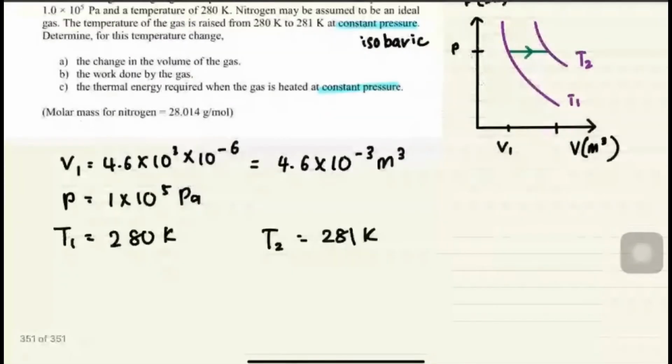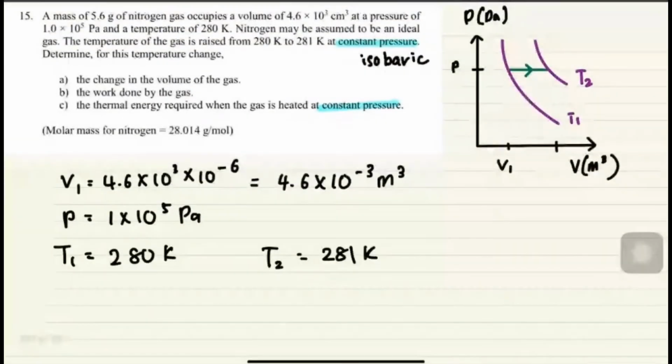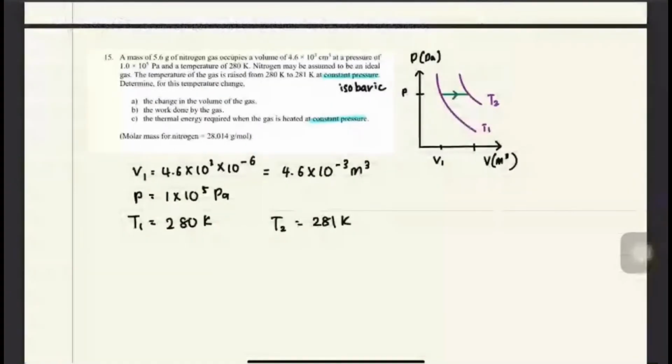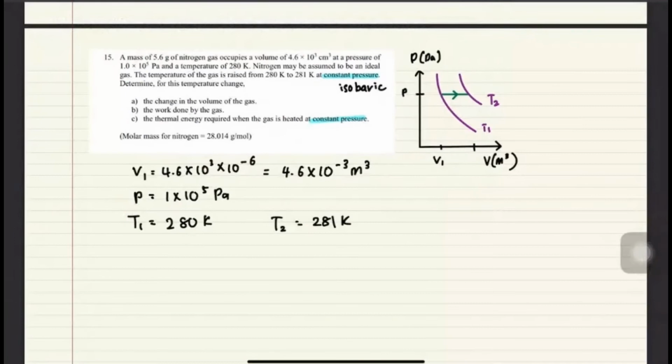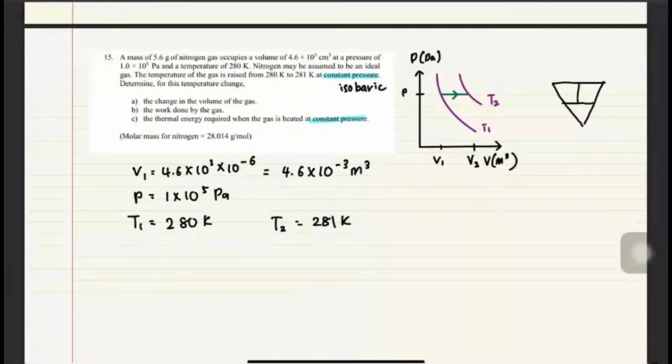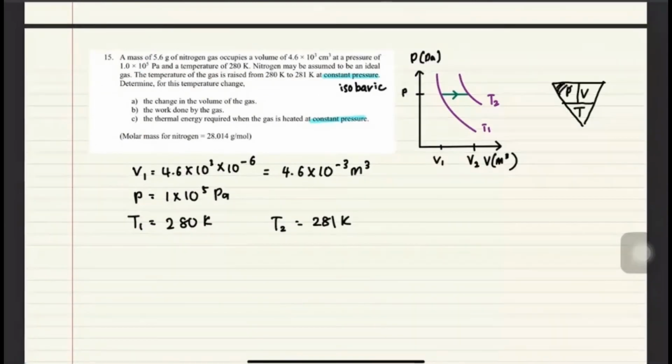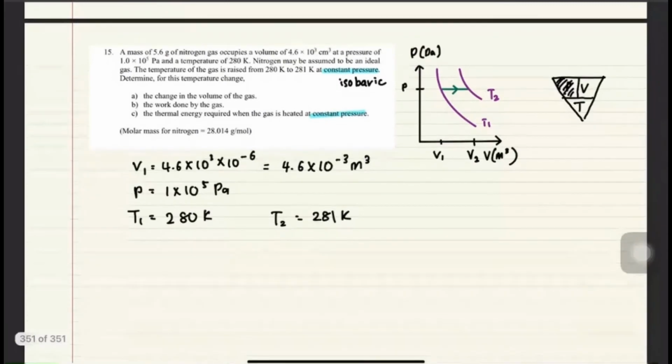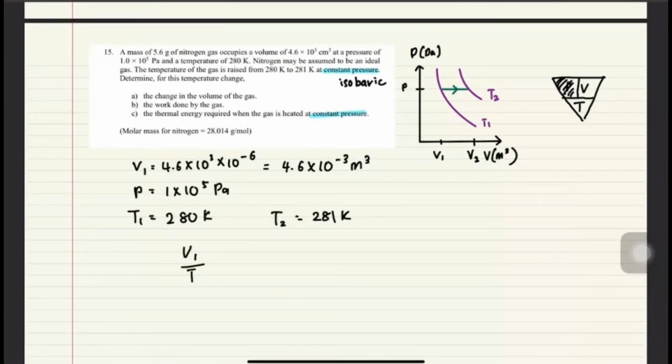Determine for this temperature change, the change in the volume of the gas. If you have constant pressure and you want to find the change in volume, how do you calculate? Use V/T. Pressure is constant, so you have V1/T1 equals V2/T2.